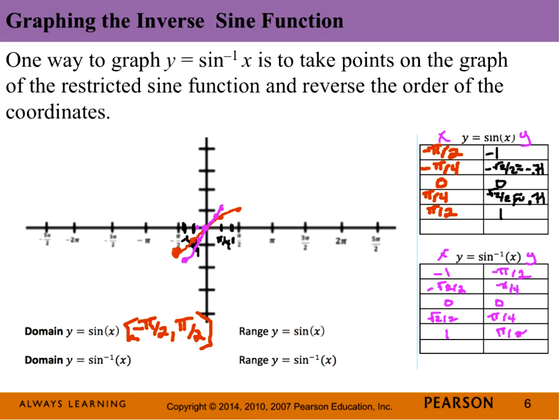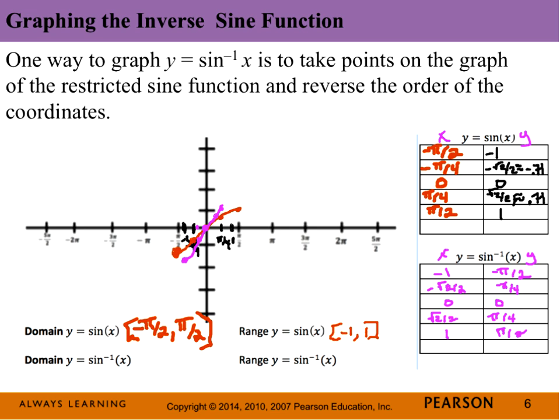But I did want to go through the graphing of it. And since we're restricting the domain to negative pi over 2 to pi over 2, the range for our sine function is restricted to negative 1 to 1, which is true for any sine function, no matter what the domain is.